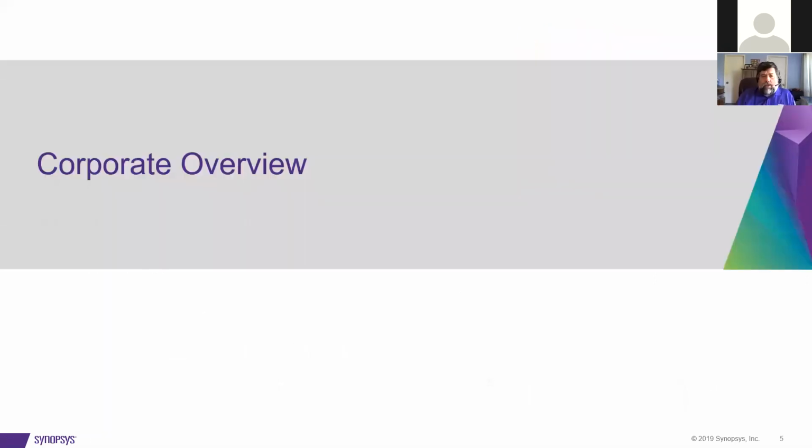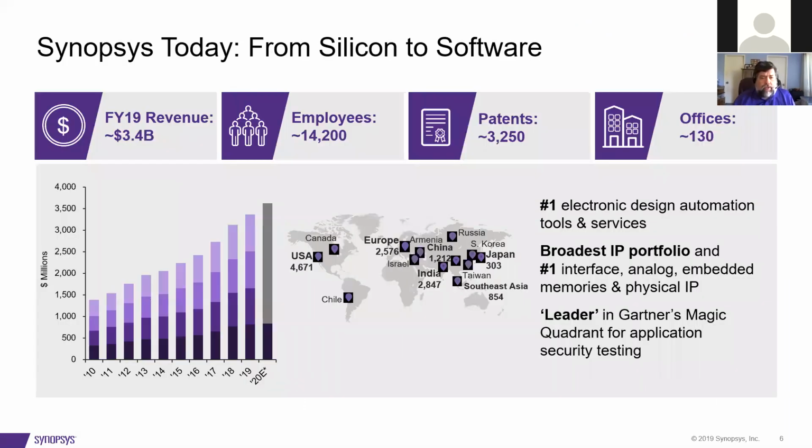Okay, so a corporate overview. Synopsys is probably one of the largest software companies you've never heard of. We have revenues in fiscal year 19 of $3.4 billion. We're the 15th largest software company in the world, I believe. We have over 14,000 employees, over 3,000 patents, and over 130 offices.